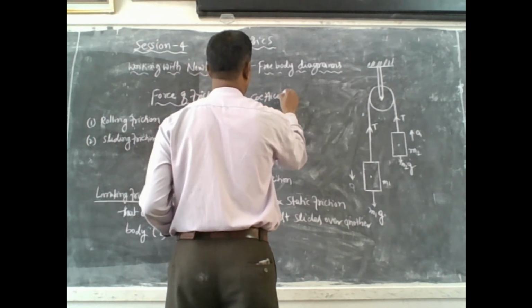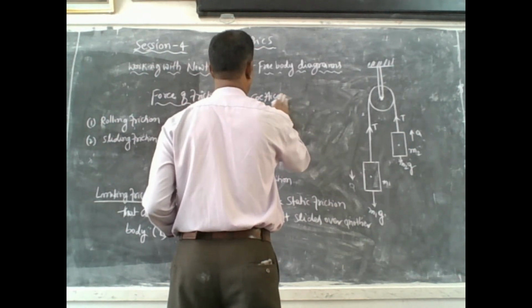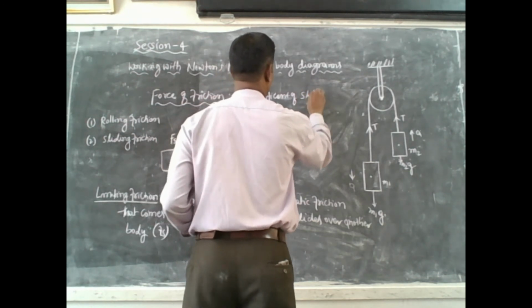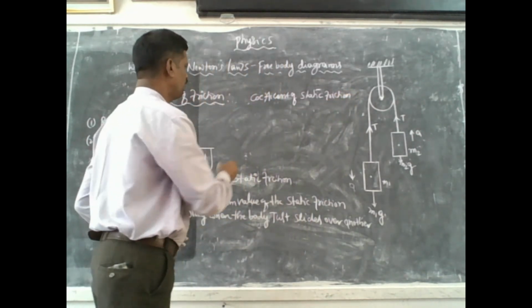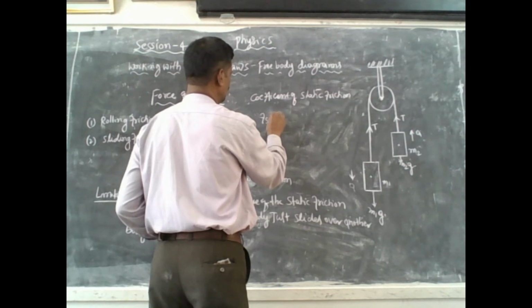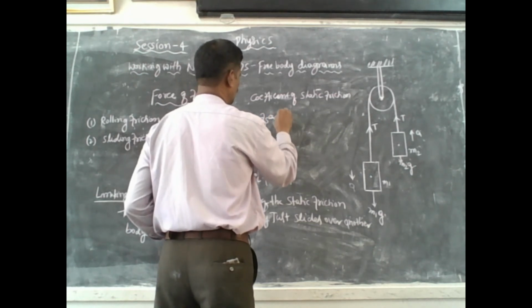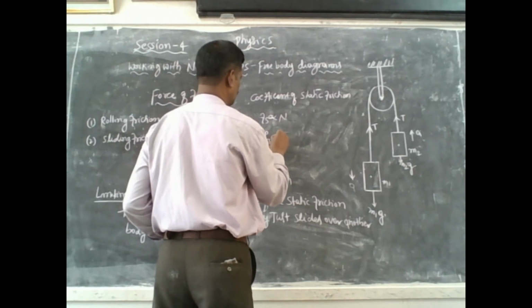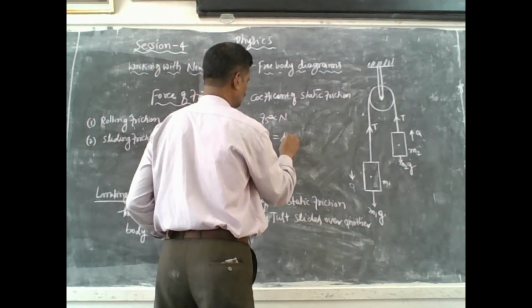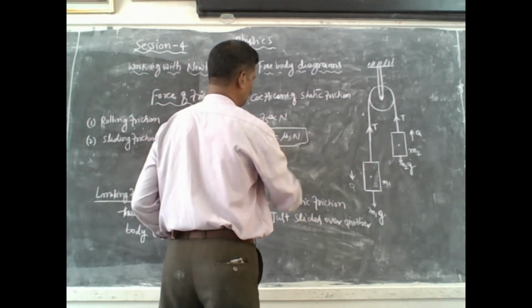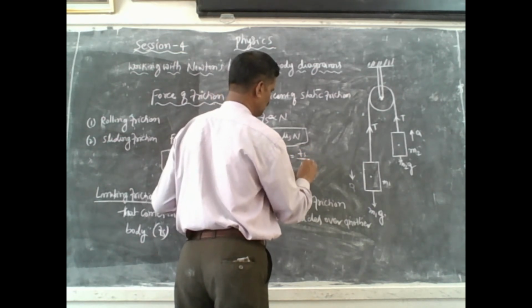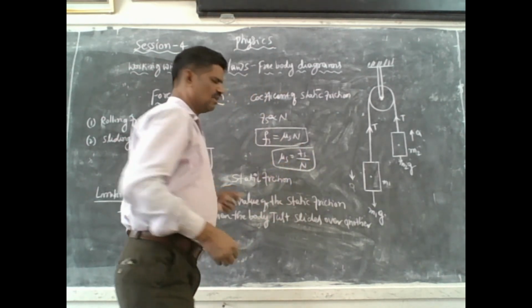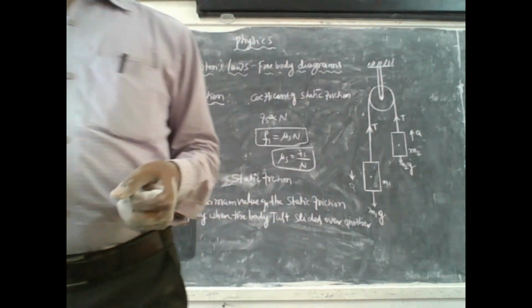Coefficient of static friction means Fs is directly proportional to N, or Fs is equal to mu s N. So mu s is equal to Fs divided by N. This is known as the coefficient of static friction, isn't it?